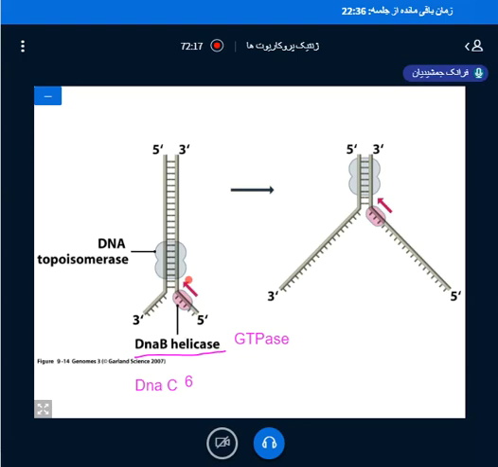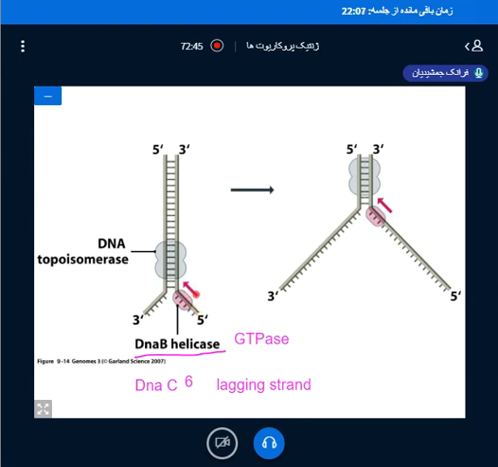Leading. No, it is the lagging strand. It is the lagging strand. So DNA B moves on the lagging strand.